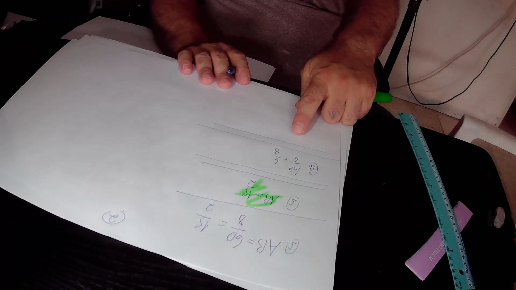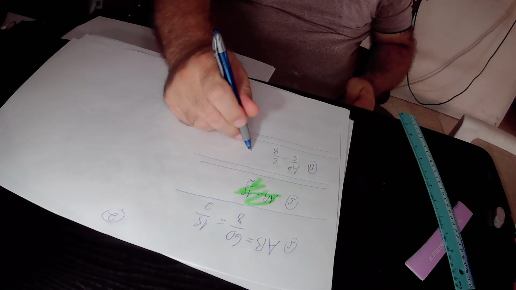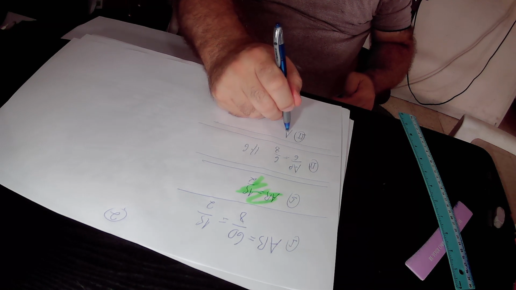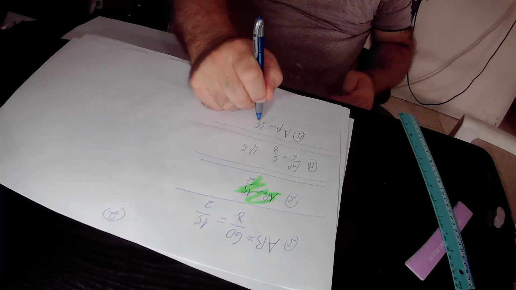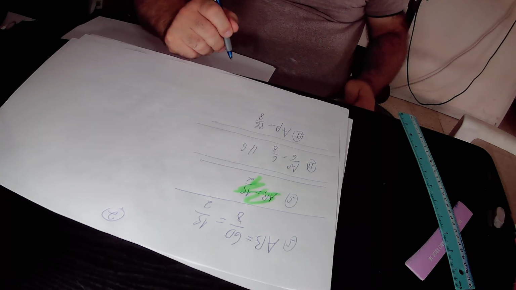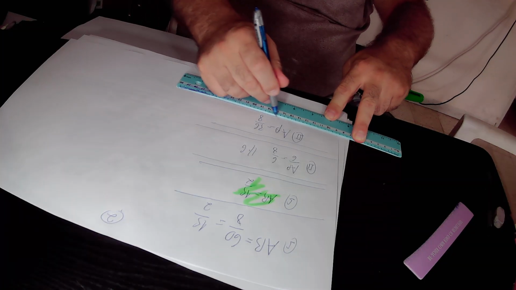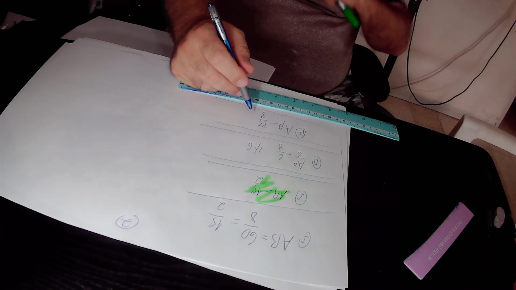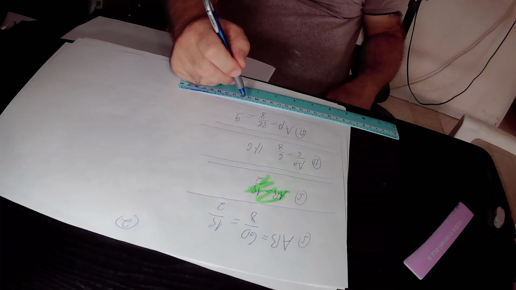So here we will multiply this equation by 6, and we get that AP, according to equation 2, AP equals 6 times 6, which is 36 eighths. Here we divide both the numerator and the denominator by 4, and we get that 36 over 4 is 9, and 8 over 4 is 2.